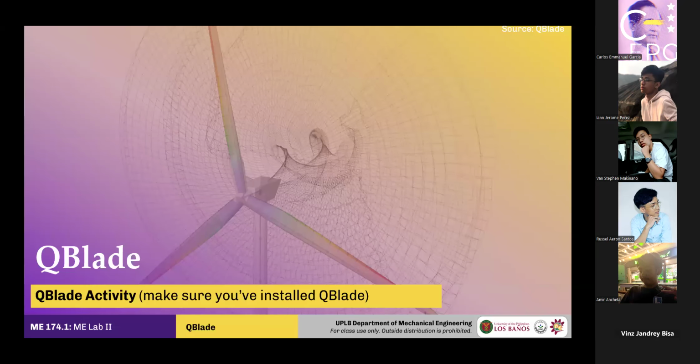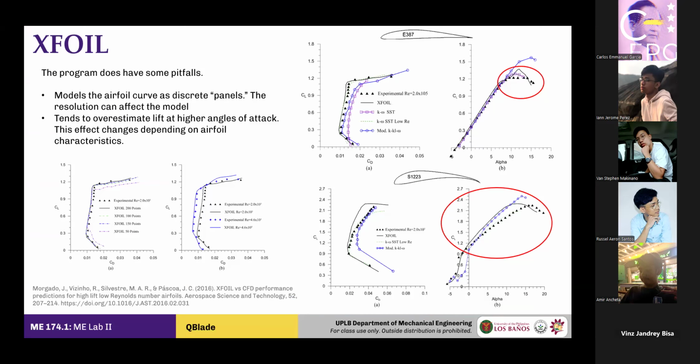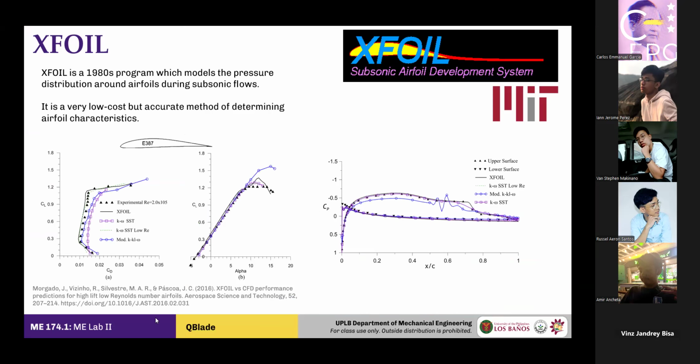Now, if we go back to our slides, this study in 2016 tried to compare the performance of XFoil, which QBlade uses, with regards to CFD. It's fairly okay for non-peaking lift data, and it's better for pressure estimation along the chord of the airfoil.